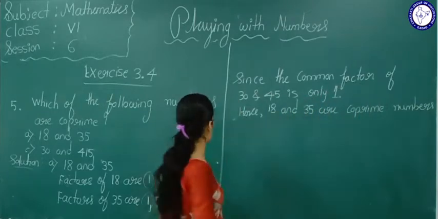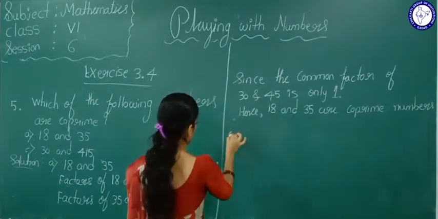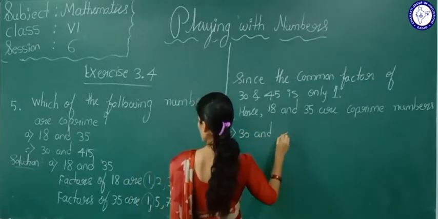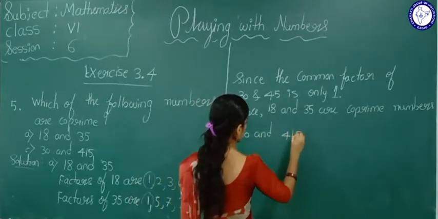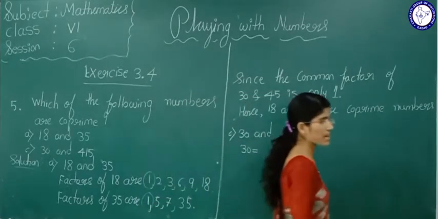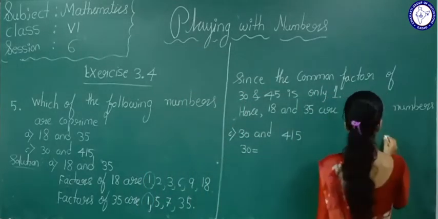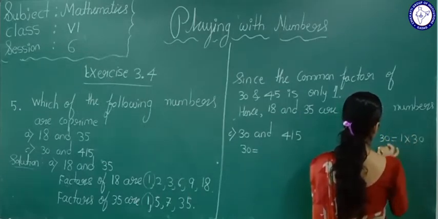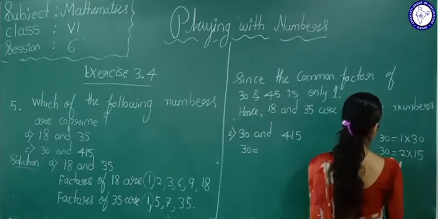Okay. Now we will see the second one, 30 and 415. So what are the factors of 30? This 30 can be written as 1 30s, 2 15s, 5 6s are 30.